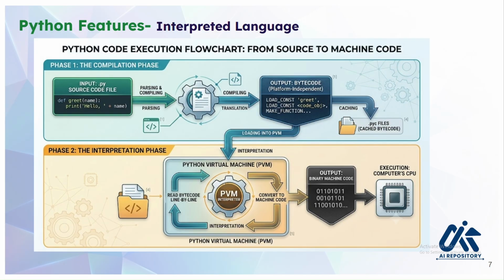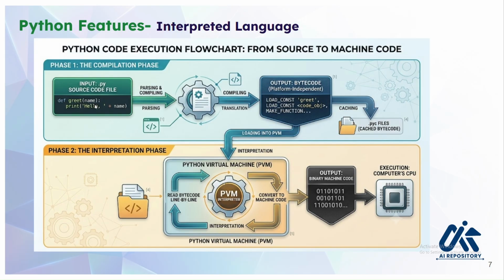Similarly, in Python, you use a .py file to save the source code. Suppose this is our source code file. Here I have defined a function named greet with certain parameters, and it is printing out a statement. Now after I have saved it as .py, I'll initiate the compilation phase.